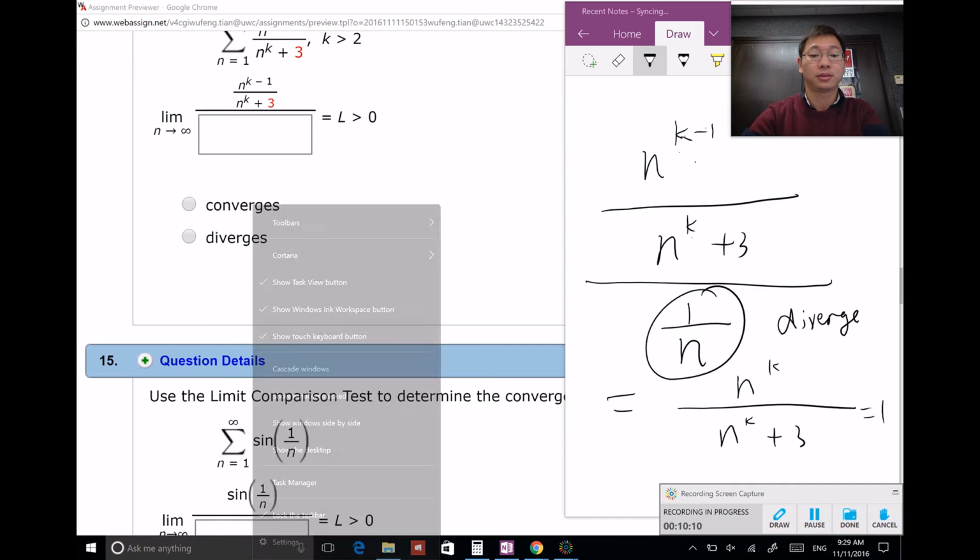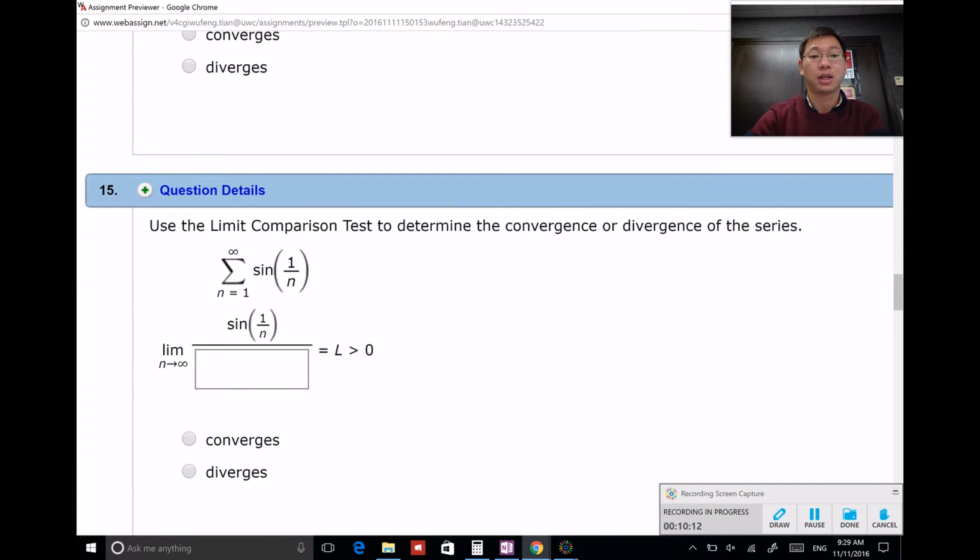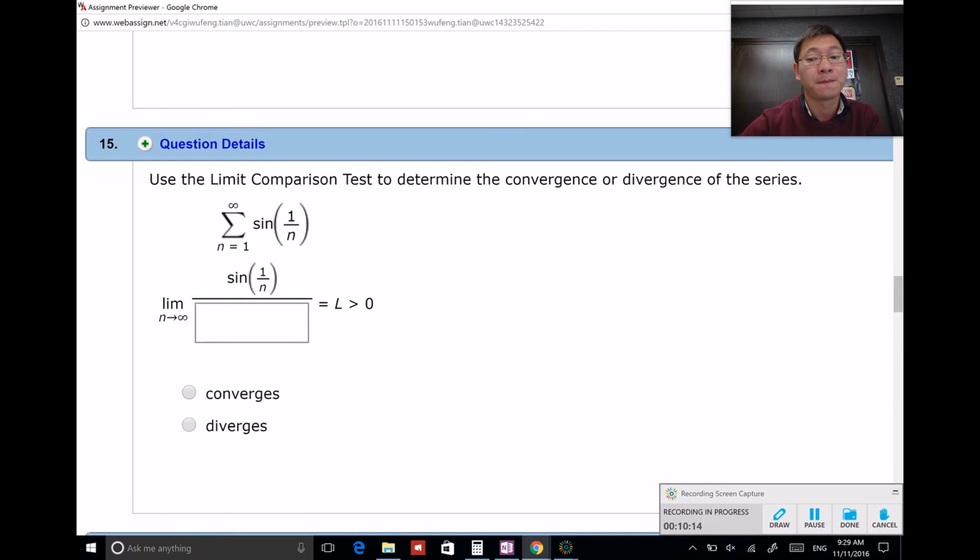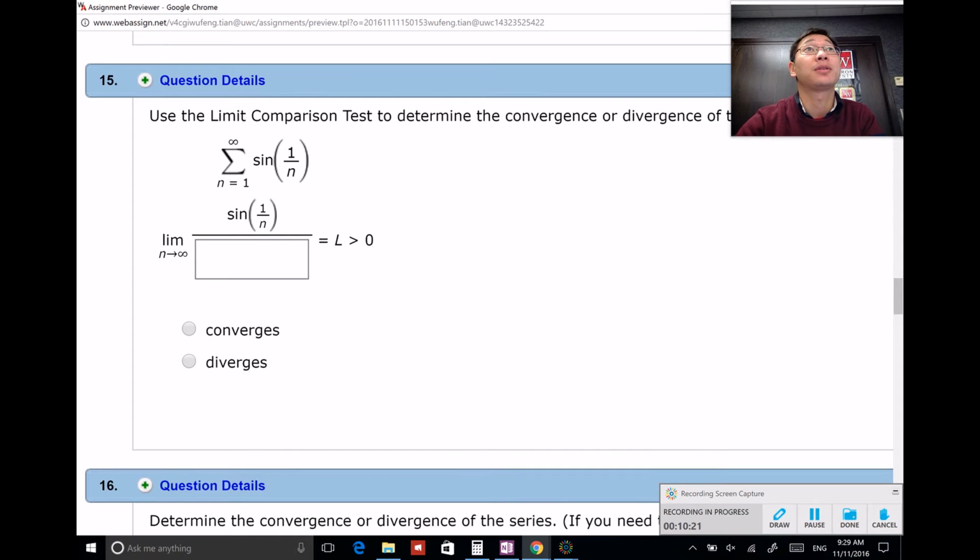Next one, number 15. I'm going to ask a student here again. Jasper, could you please tell me this one? I'm not entirely sure what to compare it to.